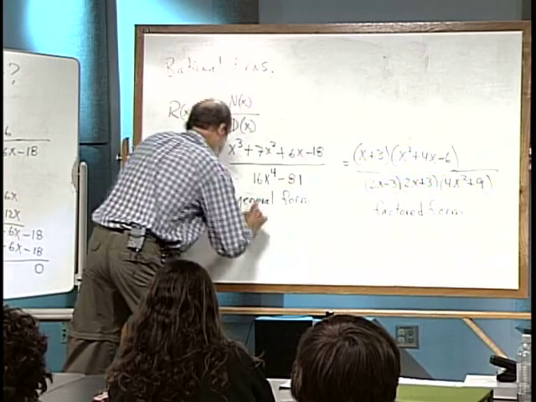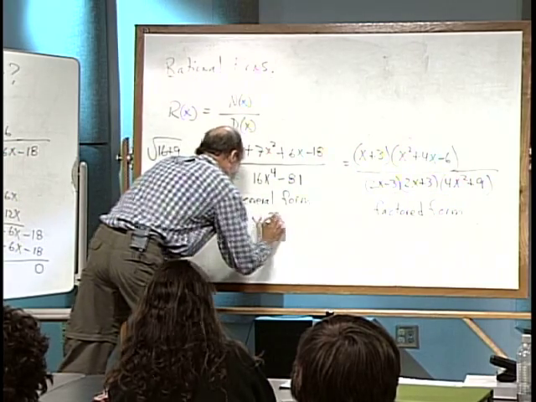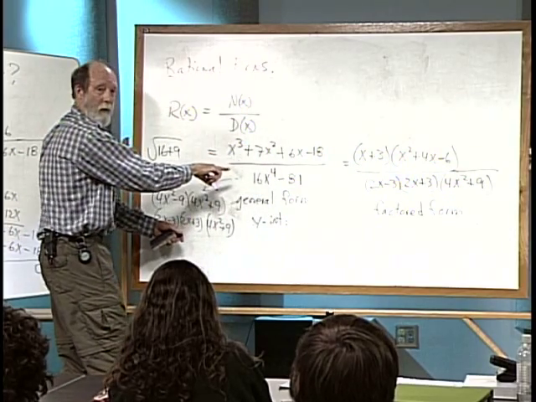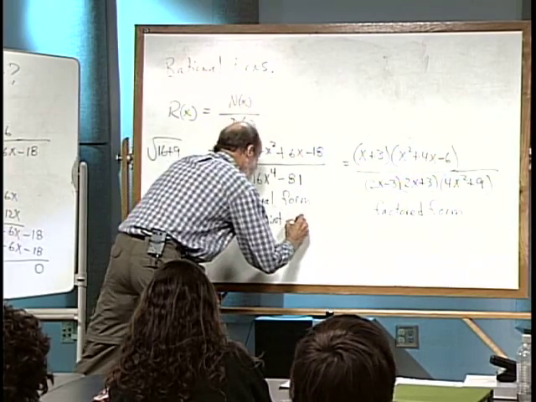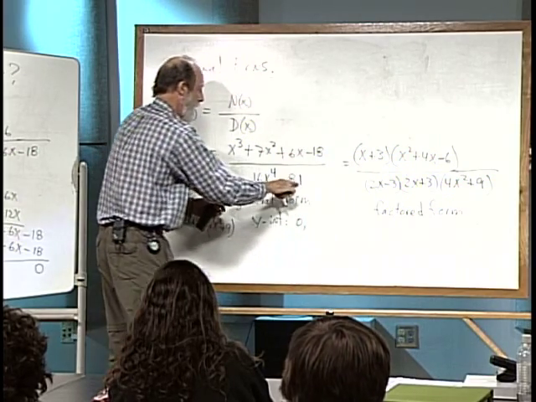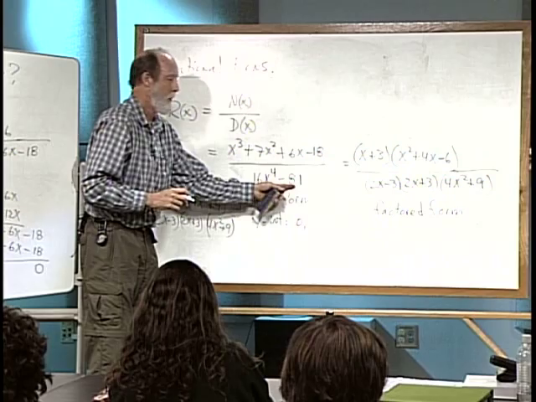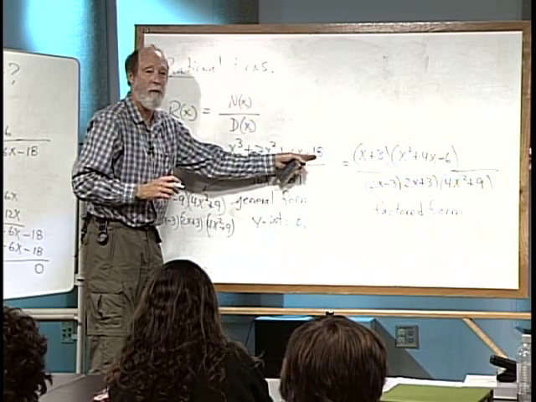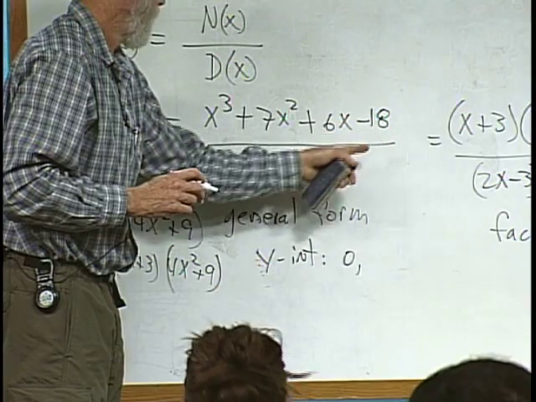So you can see the y-intercept always easily from the original form, the general form. So you get 0, comma, and we have 18 over 81, right? There's a common 9 that reduces. So it looks like you're left with 2/9.